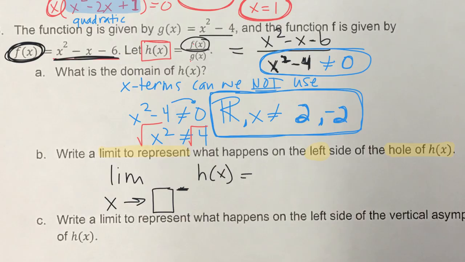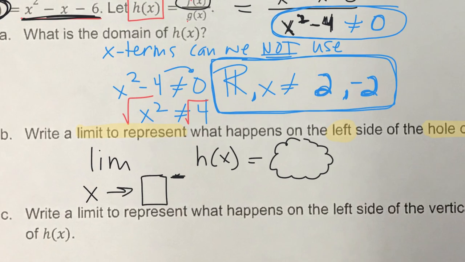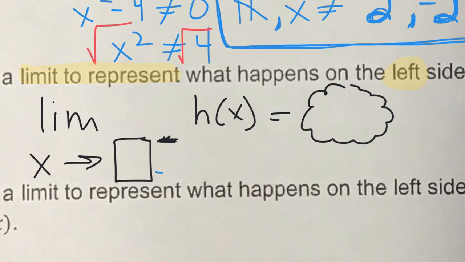So we're looking for what goes in that box and then what goes in this blob. Okay, so this should be on your 3x5 card. What goes in the box? Well, what goes in the box is the x coordinate of your hole. The x coordinate of the hole goes in the box part of our limit equation.